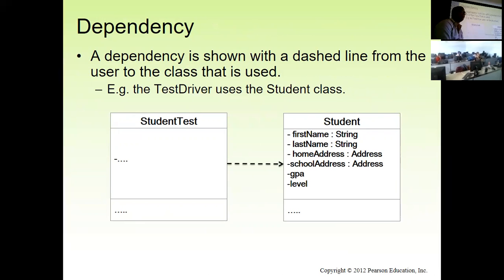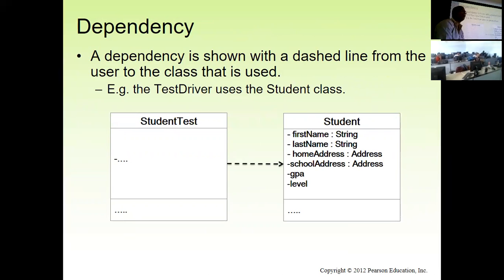So remember, in all of your programs so far, you wrote a driver class to test if things are working or to provide the options to use the application, and that class probably has your main method, right? That class uses some other class.